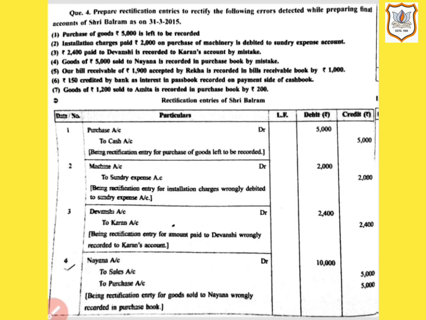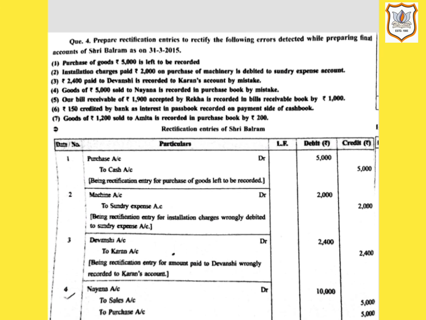Now let us see. So here in rectifying entry, you can see that to make correct entry of the transaction, Naina's account will be debited. Here it is 10,000, and sales account will be credited.